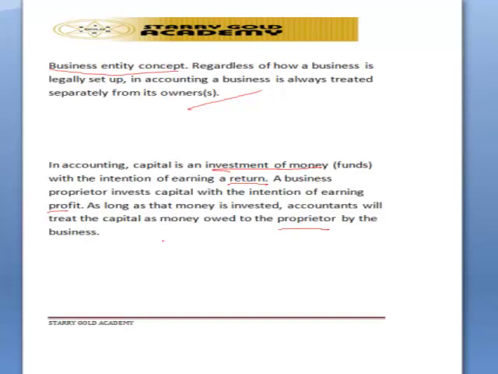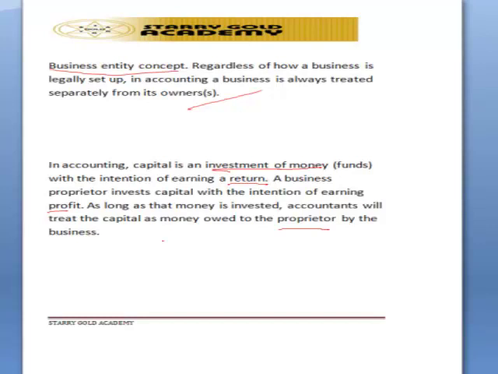So you can see in the actual sense, capital introduced by the owner of the business is a liability, and that is how it is treated in accounting, holding on to the concept of a legal entity. So that is how we treat capital.